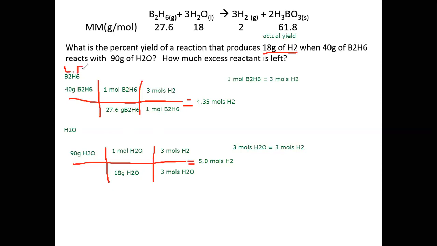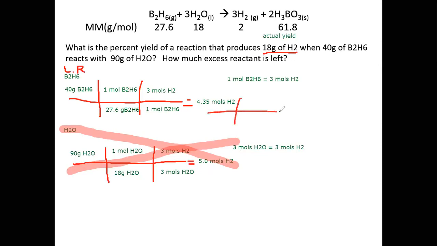It produces fewer moles of product. So we can disregard the stuff from H2O. Now we're going to convert this to mass to get to theoretical yield.